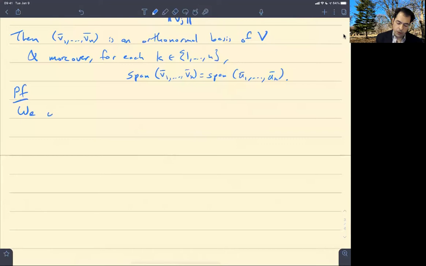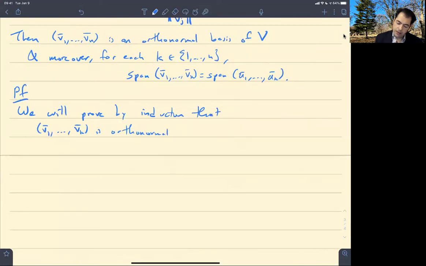So we will prove by induction that V1 through Vk is orthonormal, and that the span of V1 through Vk is equal to the span of U1 through Uk.